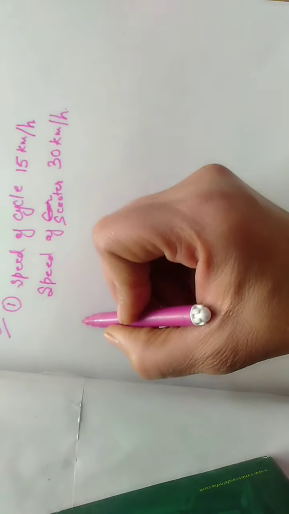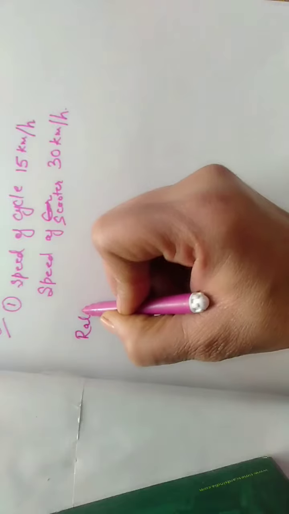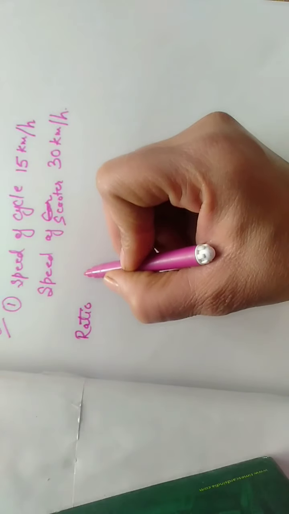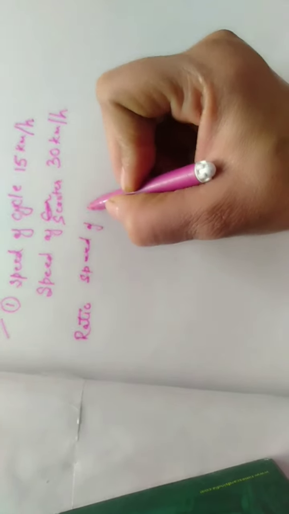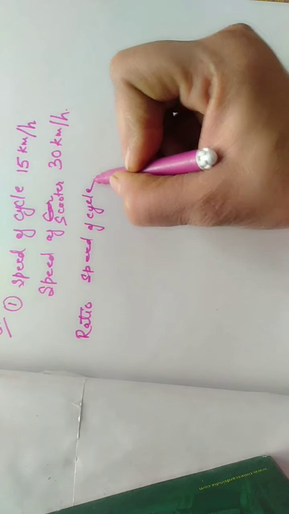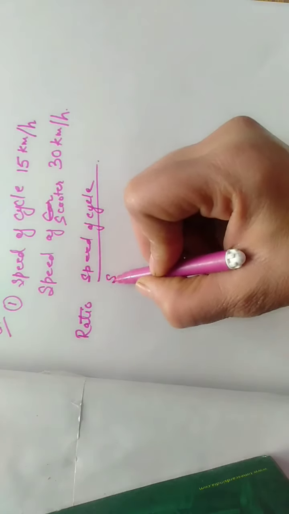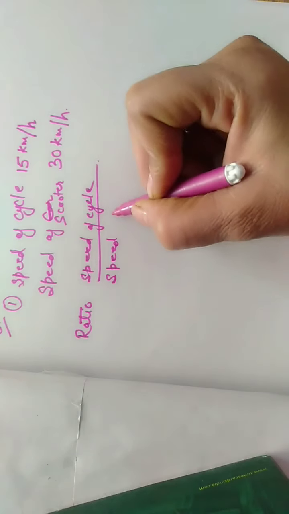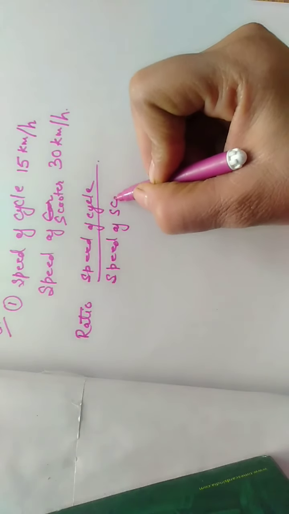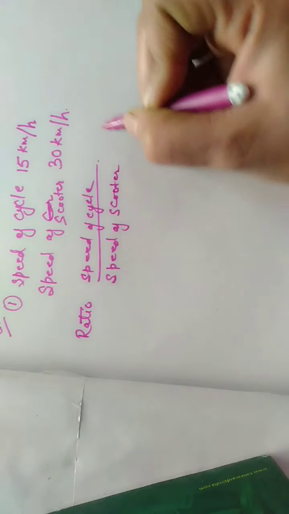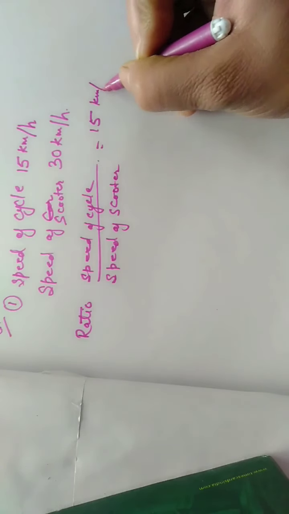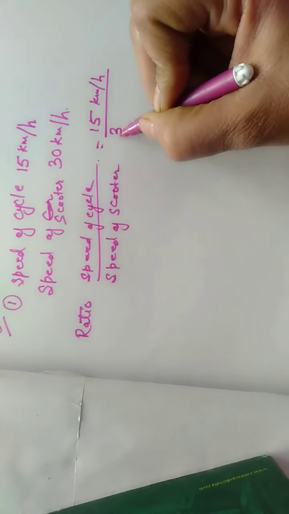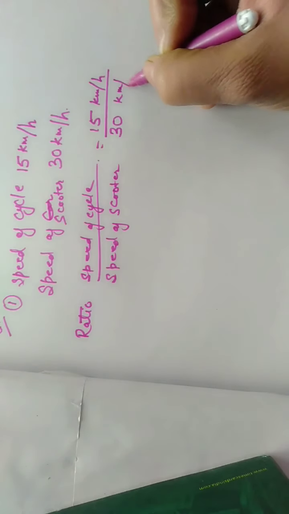So we have to find out the ratio. The ratio is written as speed of cycle upon speed of scooter, so it is 15 kilometer per hour upon 30 kilometer per hour.